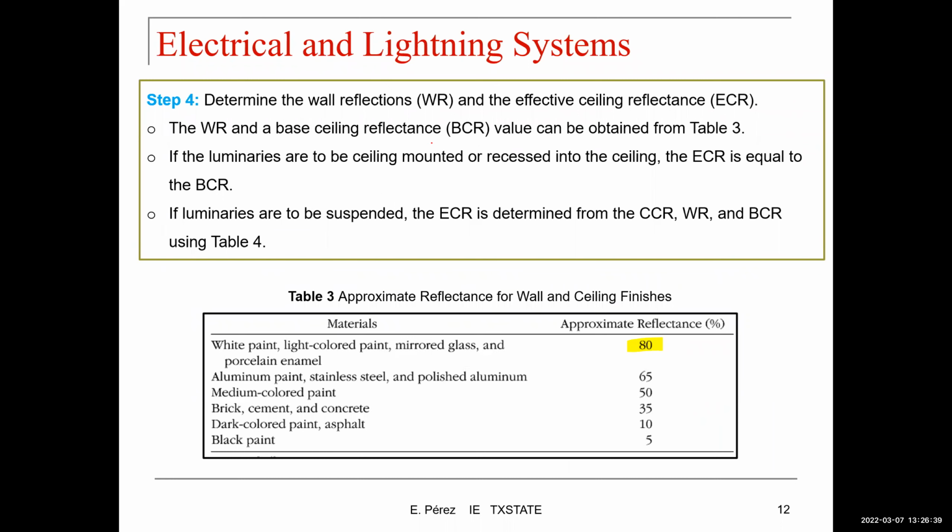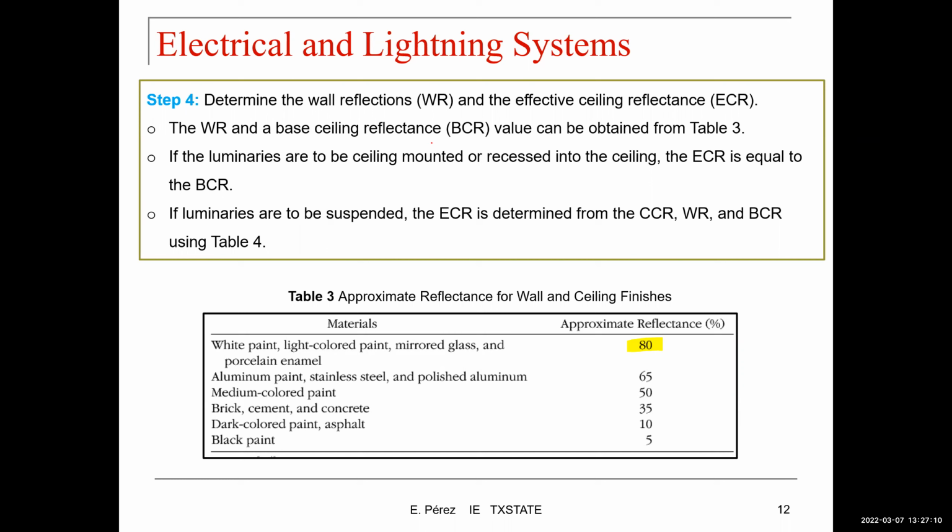Step 4, determine the wall reflectance and the effective ceiling reflectance, ECR and WR. The wall reflectance and a base ceiling reflectance value can be obtained from table 3. So this is table 3. Depending on the type of materials that we are using, white paint or light color paint has an approximate reflectance of about 80%.